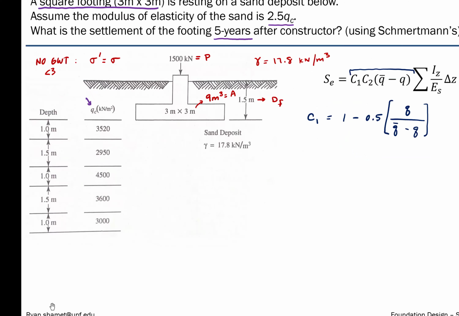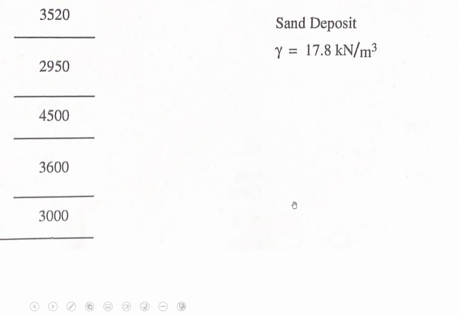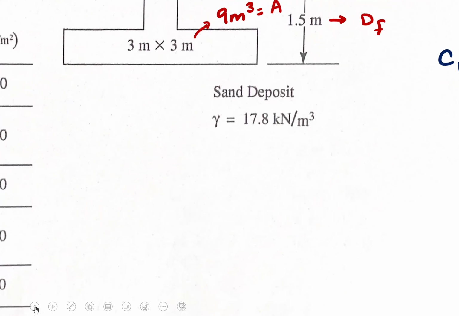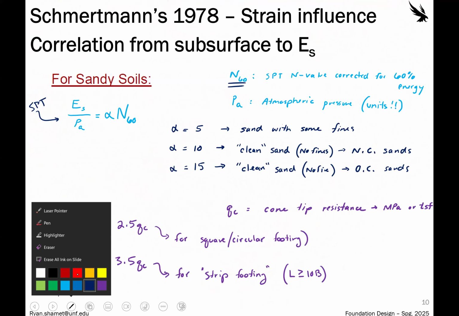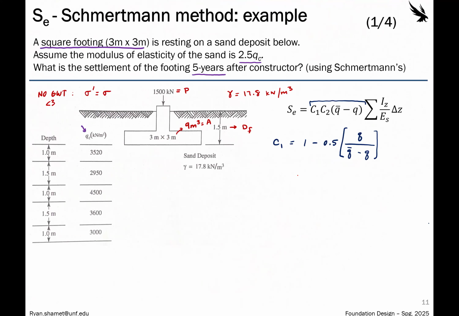So our Q value is going to equal our unit weight times the depth of our footing, which is 1.5 meters, times our unit weight, which is 17.8 kilonewtons per cubic meter.